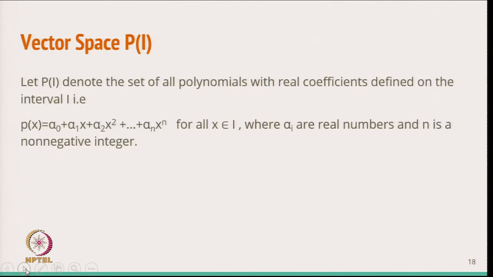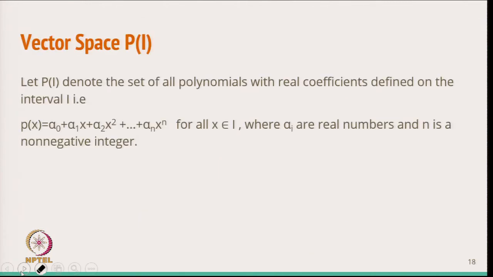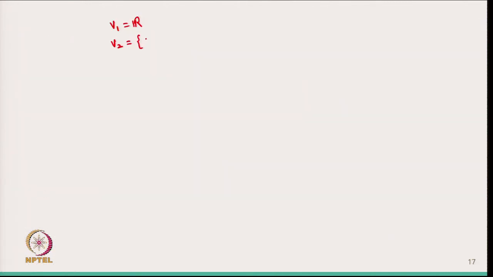Now, after doing this one, we can define another vector space. Before that, I just want to give examples of V n. In this case V 1 will be the whole real line, V 2 will contain two elements, of the type x y, where x and y belong to the real numbers.